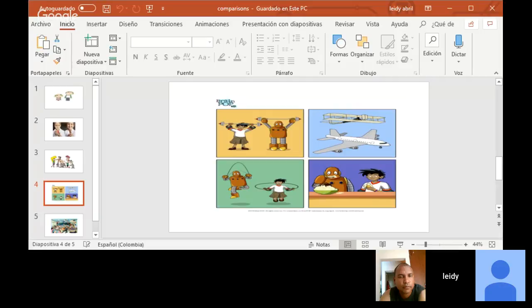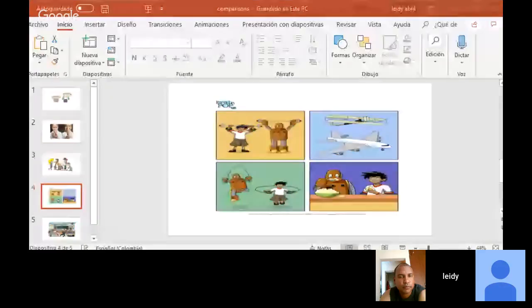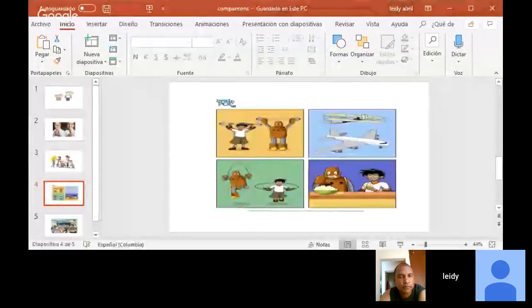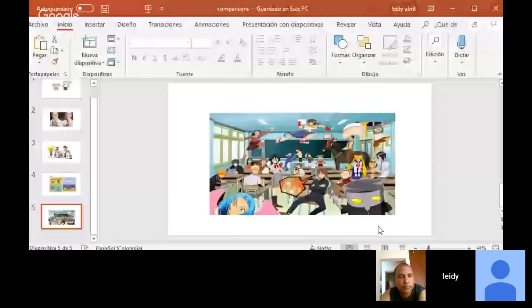Now, I have another exercise with respect to the picture. Let me share. Now, do you see the picture? Yes. Okay. What do you see in the picture? I see a classroom, but a really strange classroom.